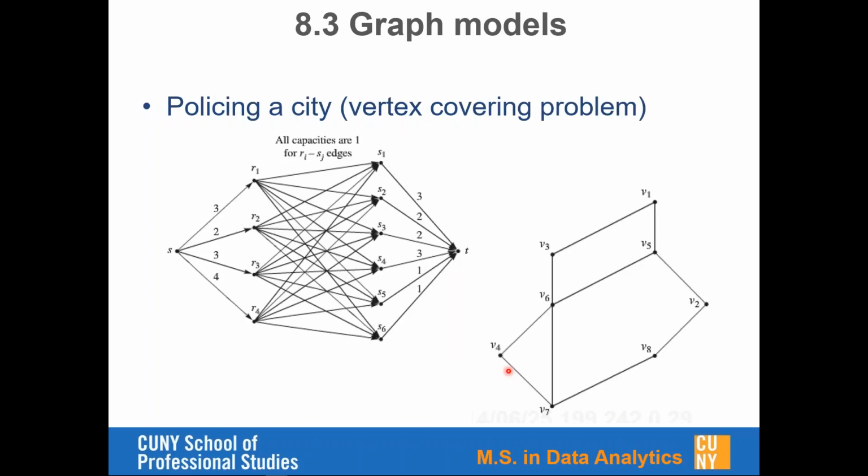And then a different problem is called the vertex cover problem. We're saying that we find a vertex cover that would be able to cover all the edges. And correspondingly there's a problem called the minimum vertex cover problem: find the minimum number of vertices that would be able to cover all the edges.